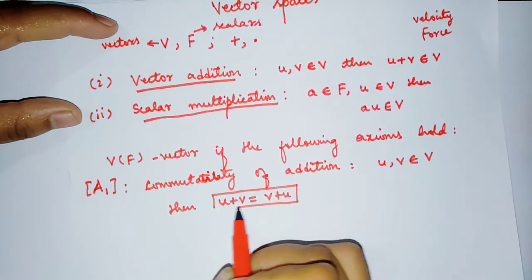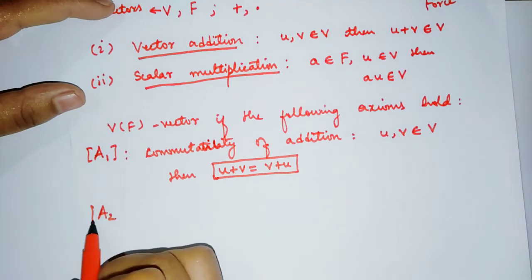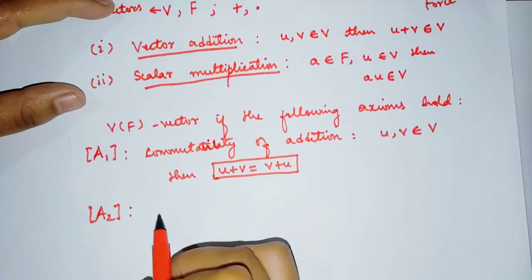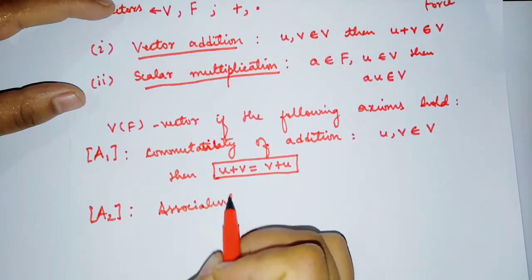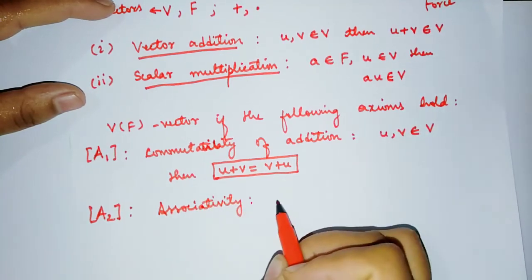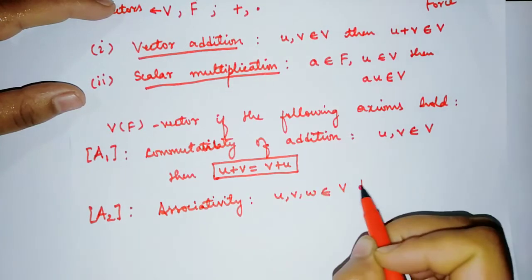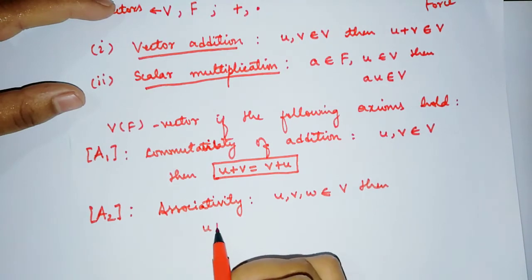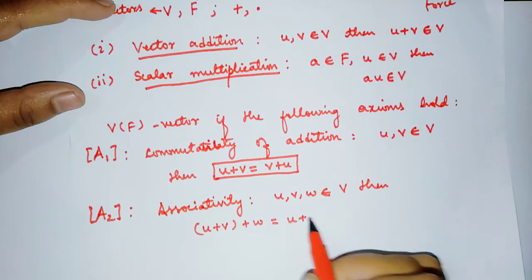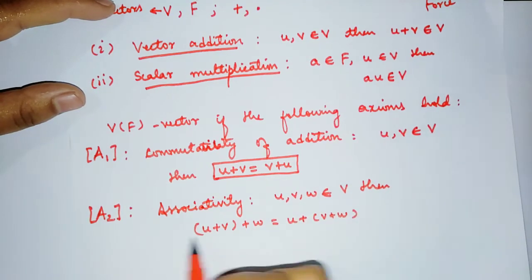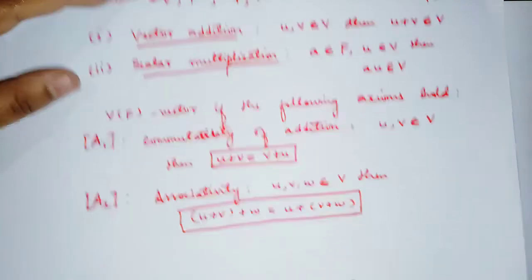This is the first axiom. And then the second one, A2, associativity. Now we take three vectors u, v, w from V, then (u plus v) plus w should equal u plus (v plus w). This is the associativity of addition.